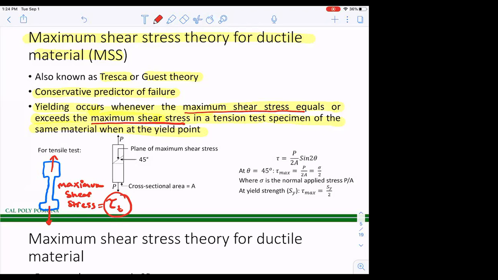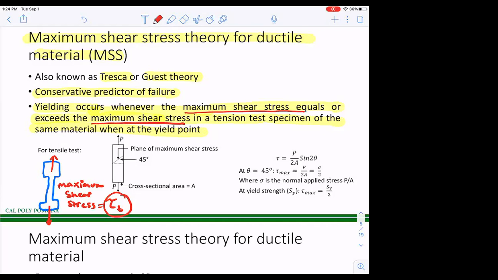So is this when necking, basically when you start seeing necking, that's your value? Remember, no, necking is beyond the yield point. Necking starts at the ultimate tensile strength, not at the yield point. It's way below necking.